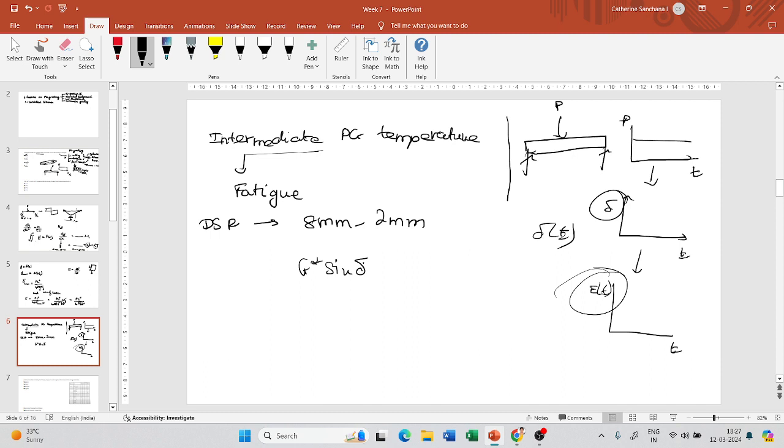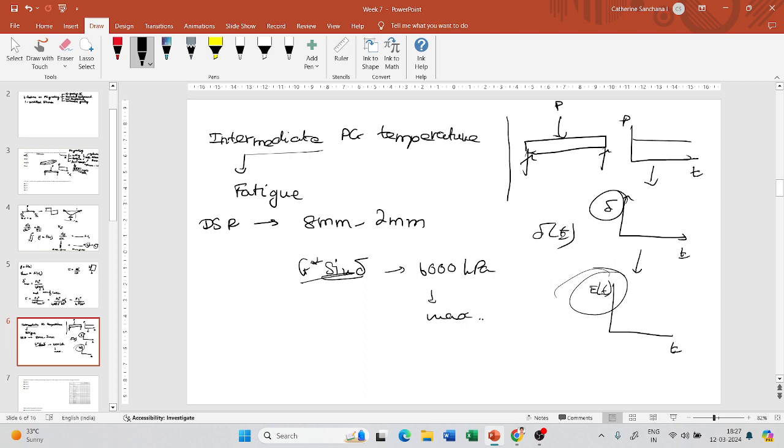If the material is stiff, it is prone to cracking. So you are going to limit the stiffness of the material in order to prevent or limit the fatigue cracking. In that case, you are limiting the value of G star by sine delta to 6000 kPa. So it has to be a maximum of 6000 kPa.